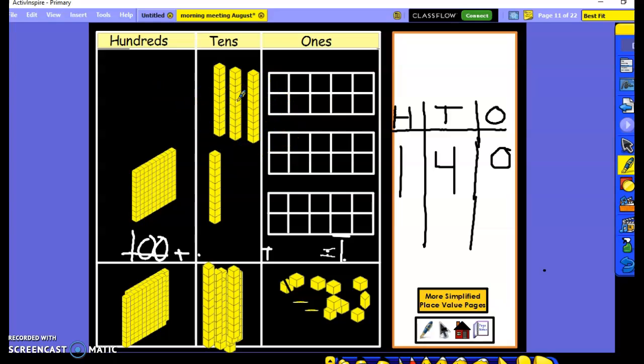We're going to count by tens to see that. 10, 20, 30, 40. So we write 100 plus 40. And how many ones do we have? 0. So 100 plus 40 plus 0 equals 140.